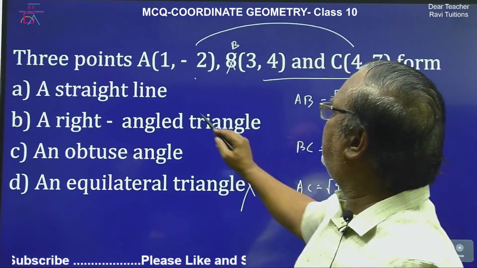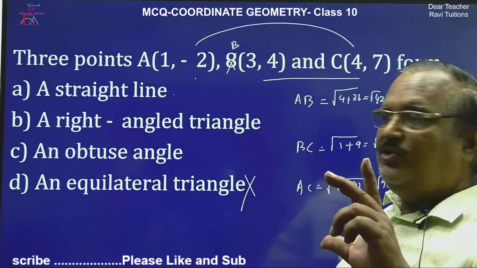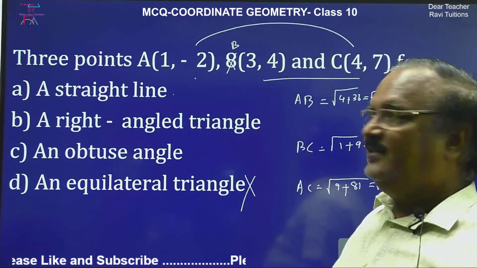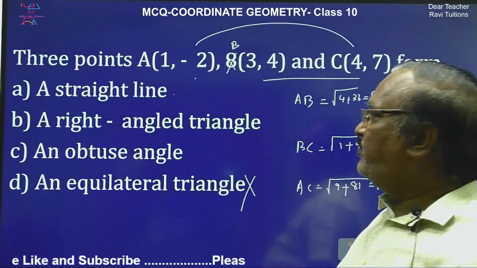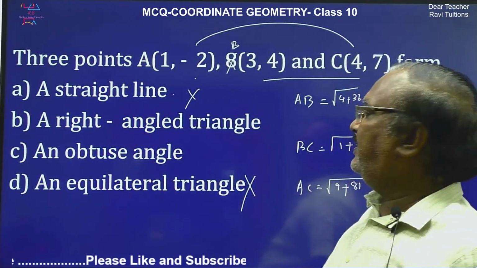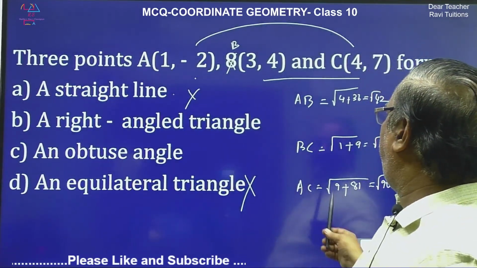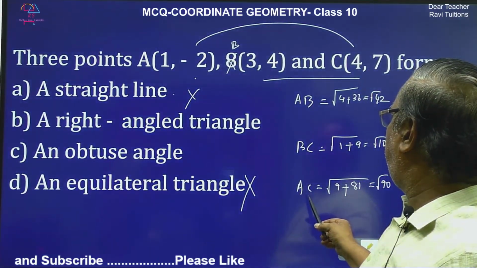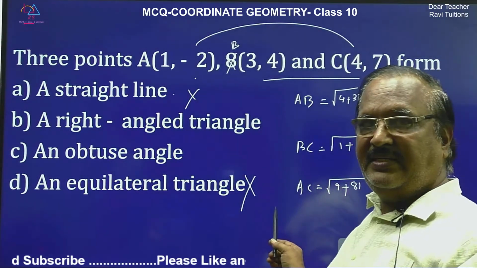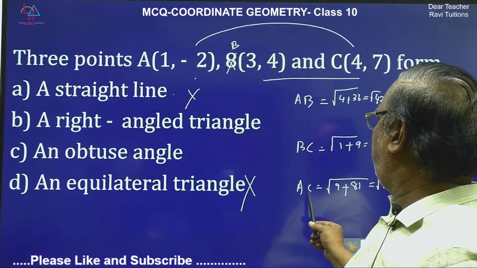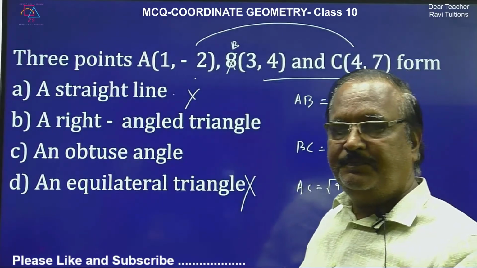Now, let us find out straight line. Straight line means sum of 2 sides is equal to the third side. If you add these two, you should get the other one. That is also not possible. So, cancel. Right triangle. Square of longer AC square is equal to AB square plus BC, because AC is the longest side. AC square is equal to AB square plus BC square. Pythagoras theorem you have to apply.